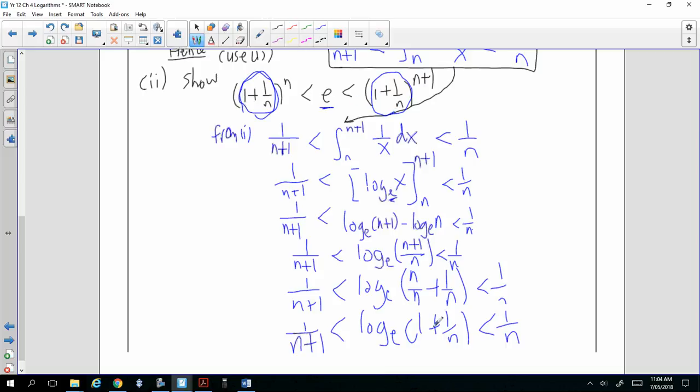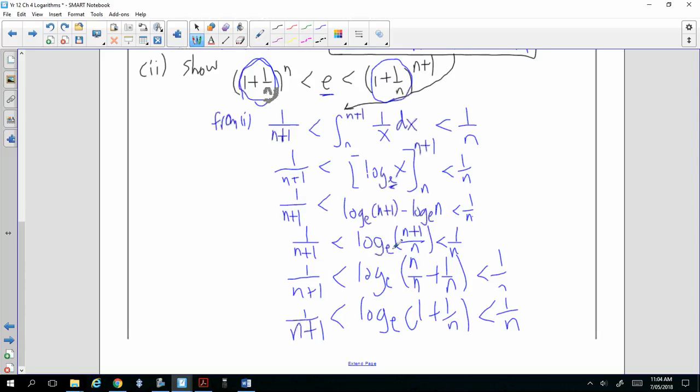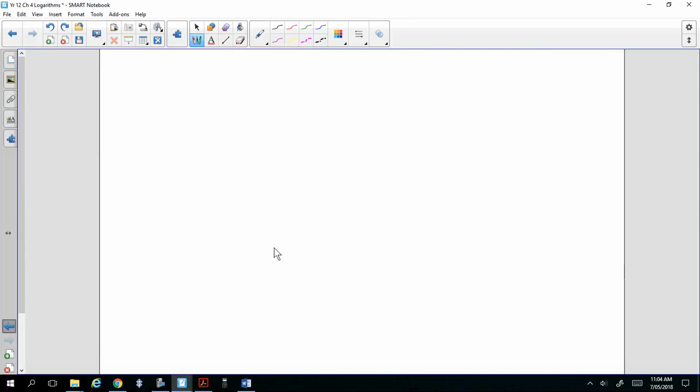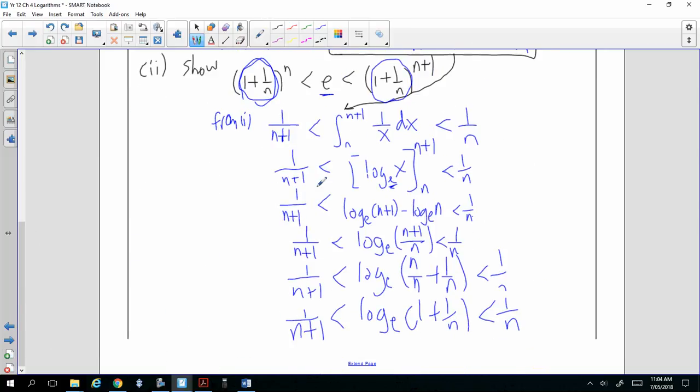Now, there's extra space on the next page. The next page is blank. If you need it, you can go to the next page to continue to write the proof. Okay, so let me try to copy this over to the next page.